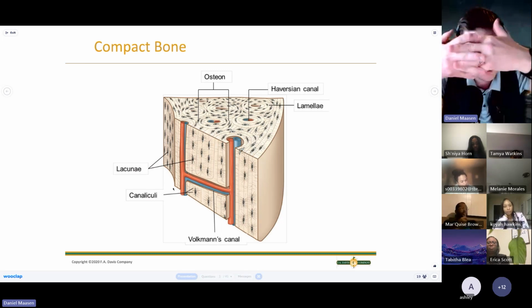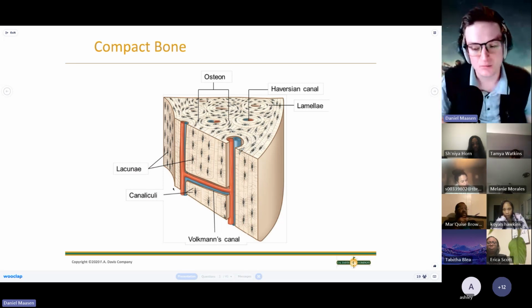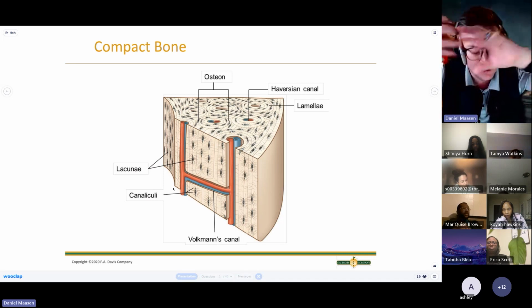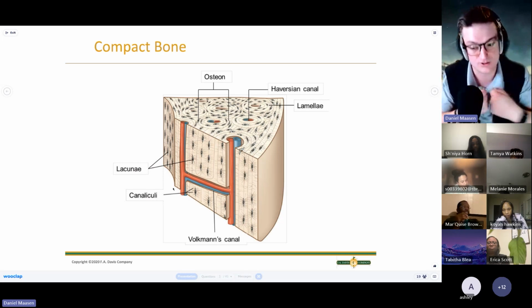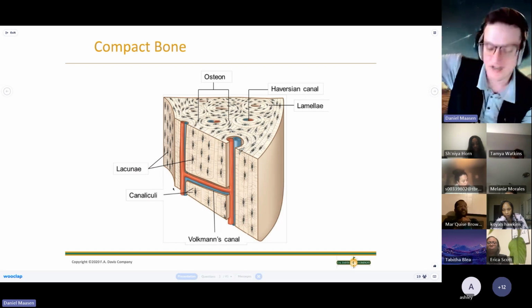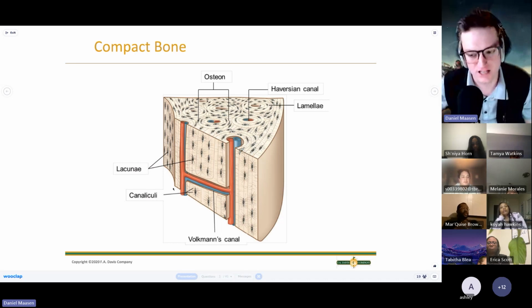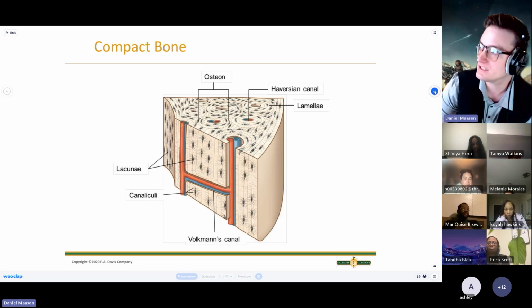It's that lattice work that gives holes for red bone marrow to sit, but it's still very structurally sound because of that lattice work. It has cavities, but it's very sound. It gives the ability to handle a lot of force and still be light. Because if our whole bone was compact bone, it's so dense that we would weigh like a metric ton. We wouldn't even be able to walk. That's why we're designed this way.